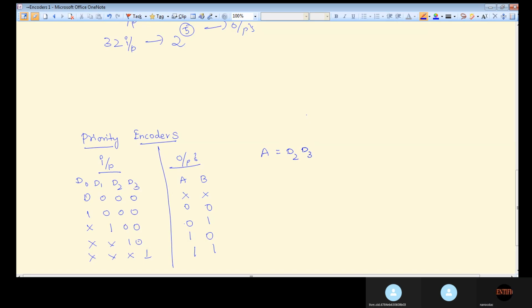Plus D3. Plus, very good. D3. Yes. B can be written as what? B can D1, D2 bar, D3 bar. Very good. Plus D3. Very good. Okay. So we will be writing the logic equation like this.